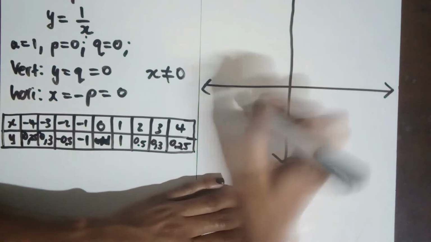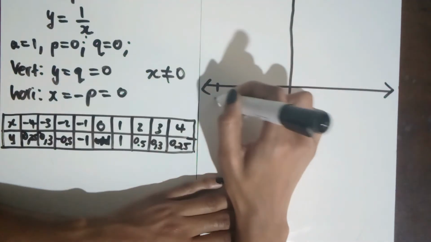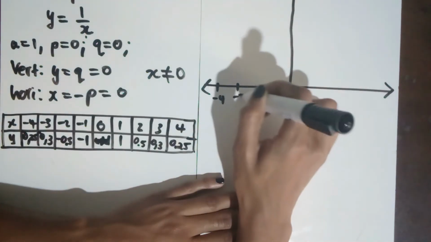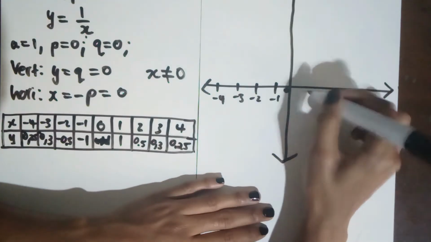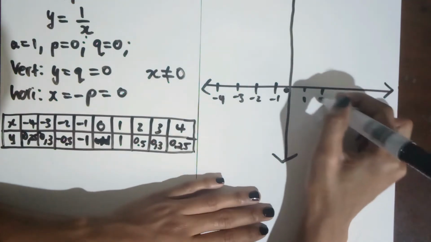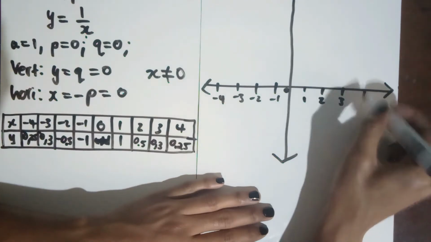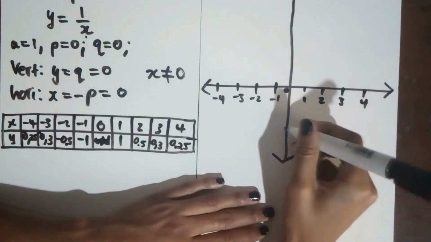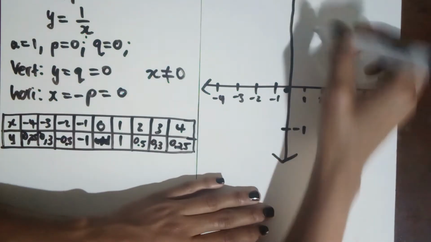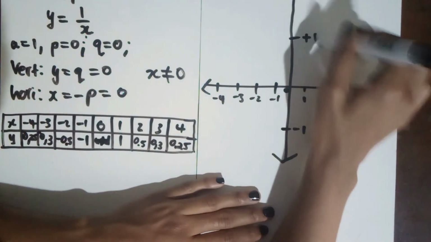We start with -4 this side, -3, -2, -1, 0 here, and then you have 1, 2, 3, 4. And then on this side, the maximum -1, and here is +1, right?